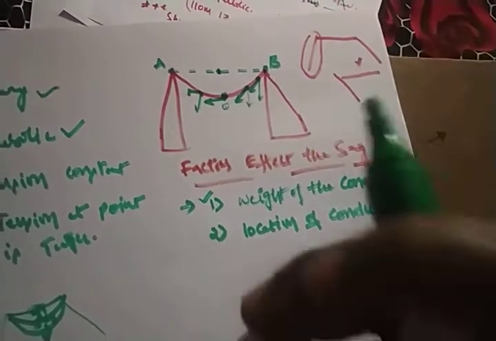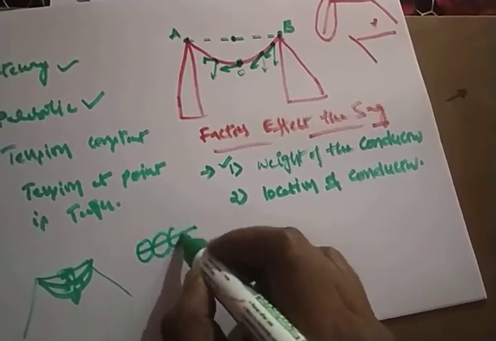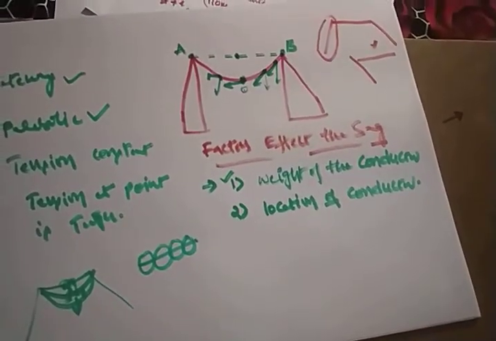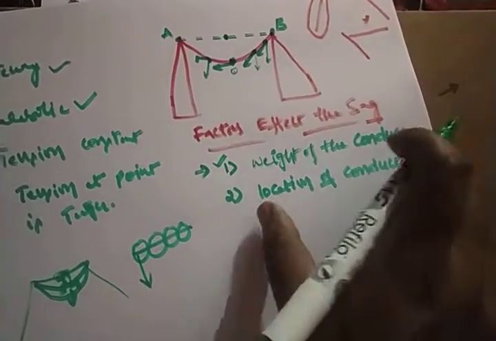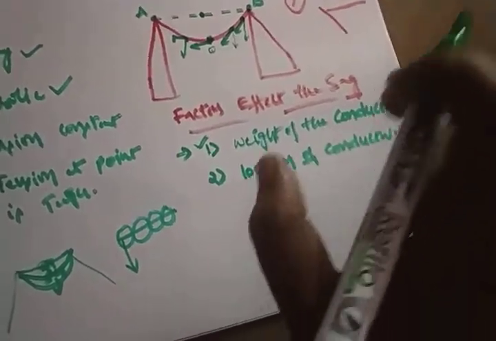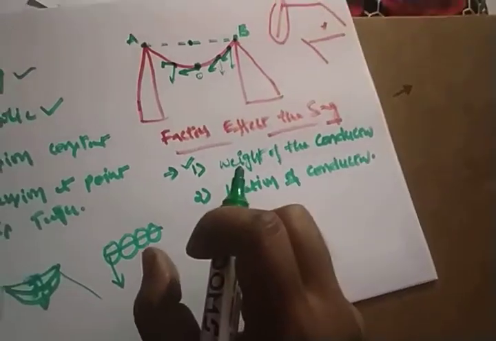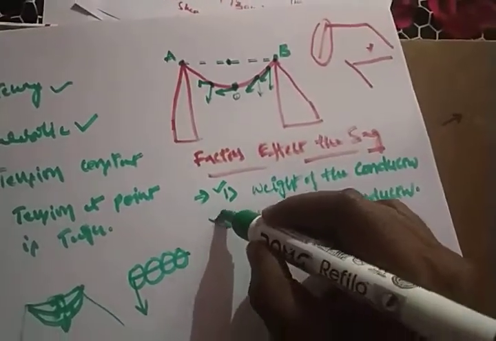If the transmission line is surrounded by ice, definitely the weight will increase. Due to that weight, the sag will increase. So the sag depends on the location where your conductor is going to be installed. So the location of the conductor is also over.